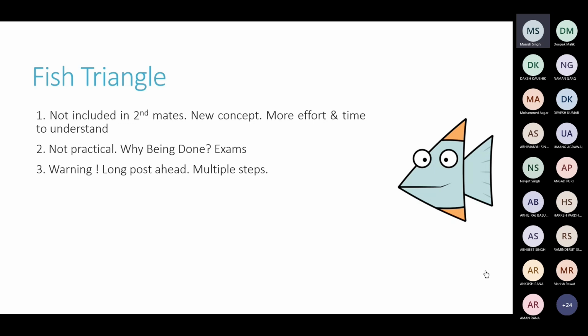But this method involves a lot of steps, and these steps need to be memorized. Their sequence needs to be memorized, and we need to follow these steps to get to the solution. So it is going to be a lengthy topic. So I'm just preparing you beforehand so that you are aware. We will have to give attention to each and every step to reach up to the end.